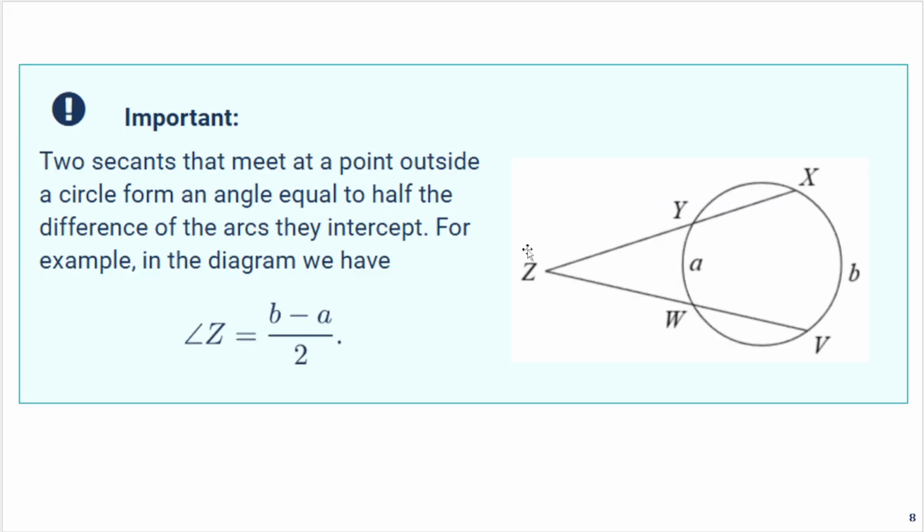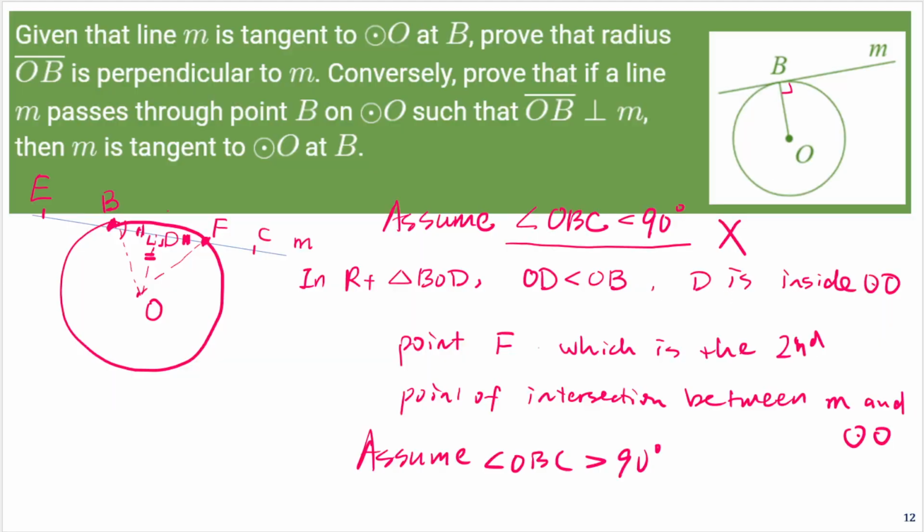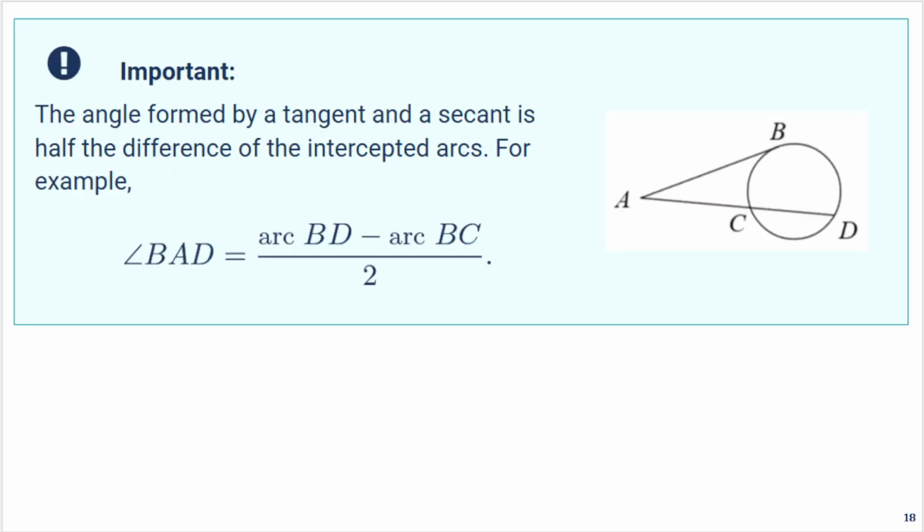If you have two secants meeting at a point outside the circle, then angle Z here equals (B minus A) over 2, right? And this time we have a tangent and a secant. The conclusion is very similar. We have this property here. Again, please write this down in a notebook.